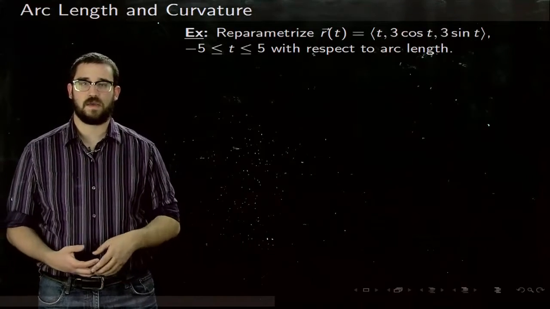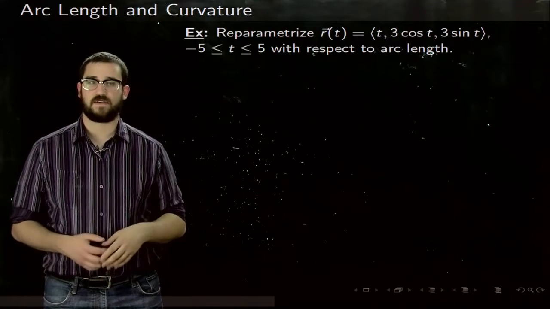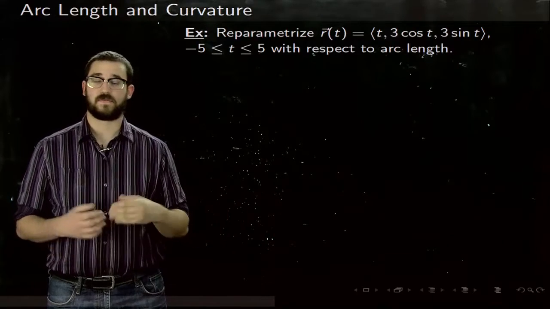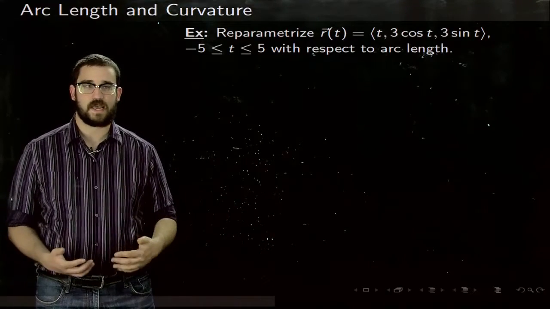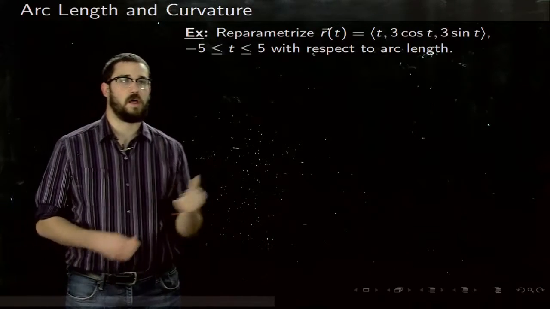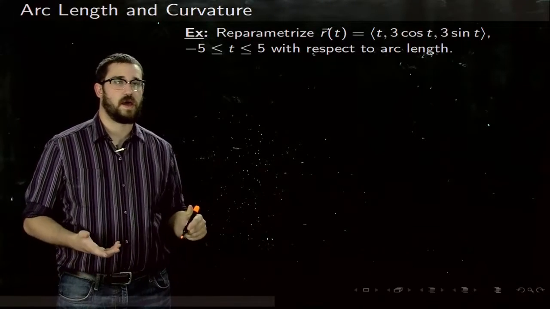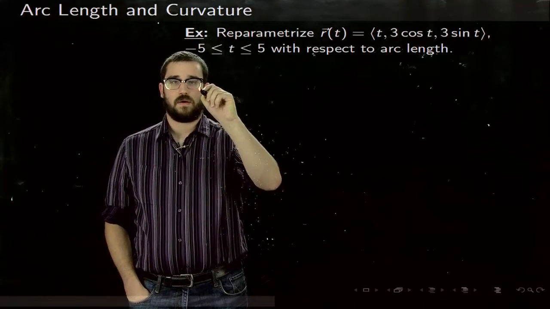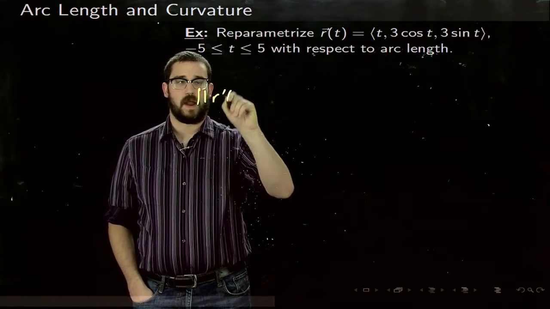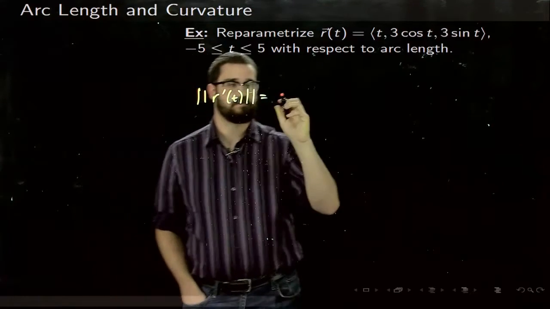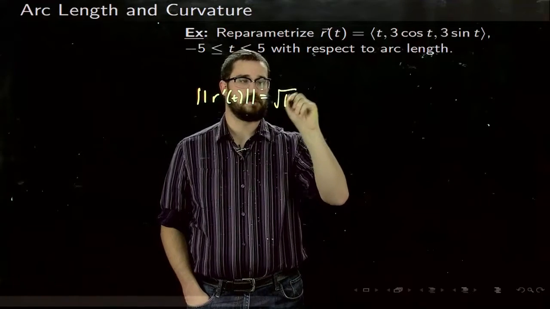Reparameterize r of t, which is t, 3 cosine of t, 3 sine of t, between -5 and 5 with respect to the arc length. This is the same function that we dealt with before. So if you recall in your notes, what I had done is that the magnitude of r prime of t was just going to be the square root of 10.